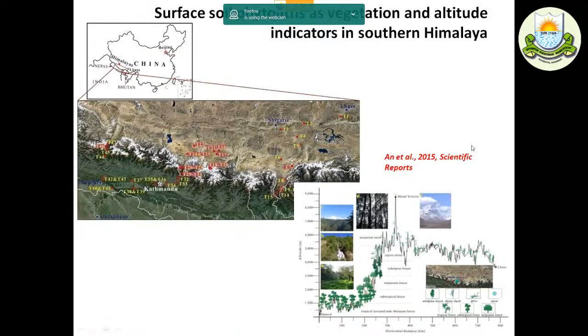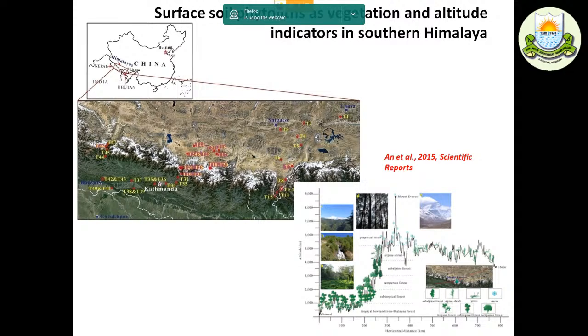Let's see. Another report came in 2015, and these authors collected about 41 samples from the Tibetan Plateau and southern Himalaya, covering above 5,000 meters elevation and 5 vegetation zones, from tropical to alpine.